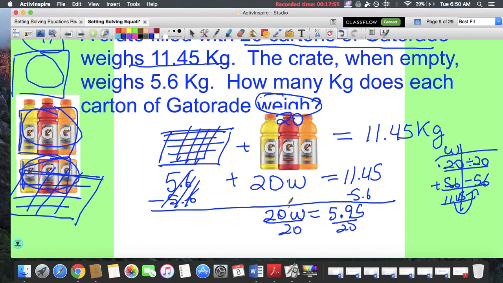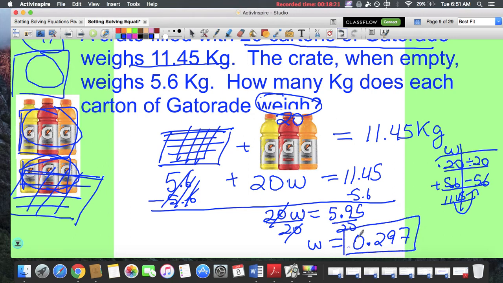Divide by 20. 20 cross out. And W equals, Alexa, what's 5.95 divided by 20? 5.95 divided by 20 rounds to 0.297.